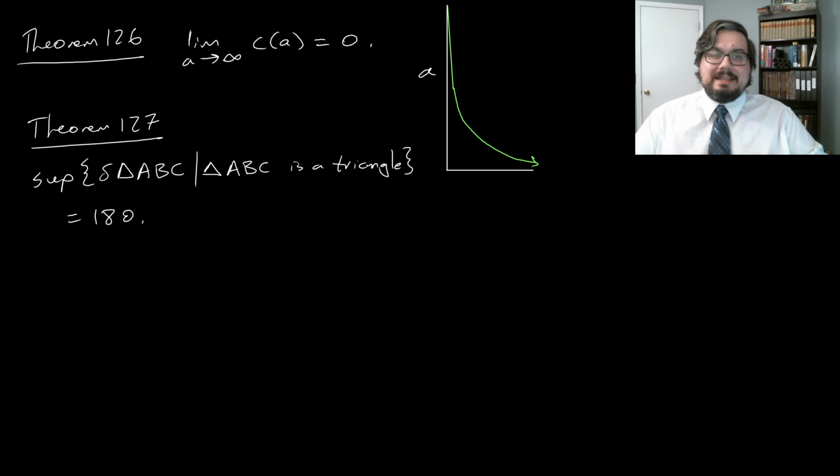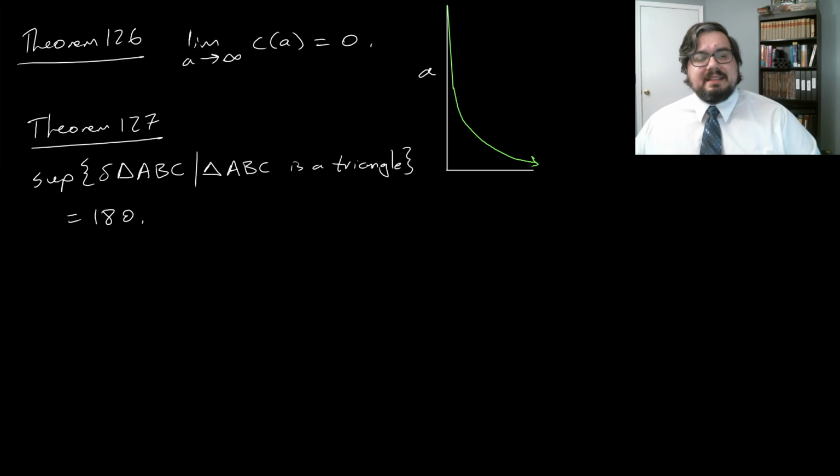What we find in hyperbolic geometry is that the smaller the triangle, the smaller the side lengths are, the more it looks like a Euclidean triangle. That is, the smaller the defect.